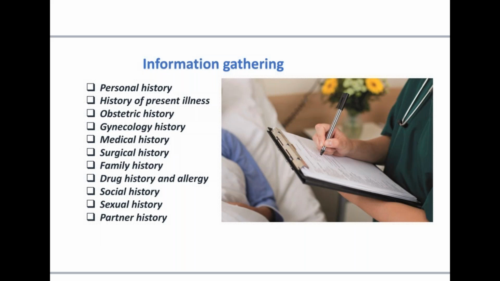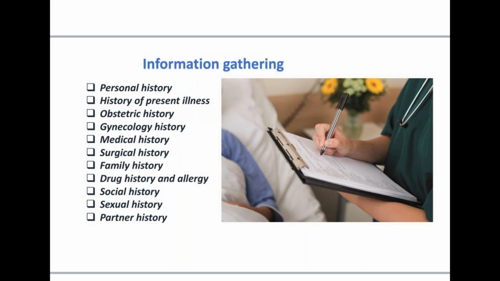If any further information is needed, then the investigation will take the role. So you may need to take some bloods. For example, a patient coming for preconceptional counseling who has type 1 diabetes and is taking insulin, and she wants to know whether pregnancy is a safe option for her at the moment.